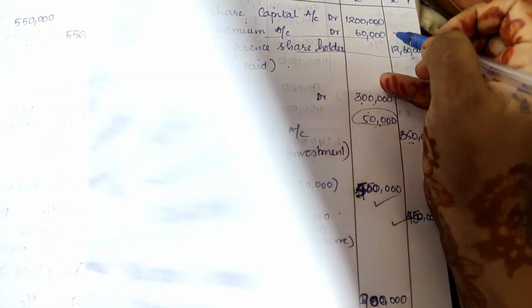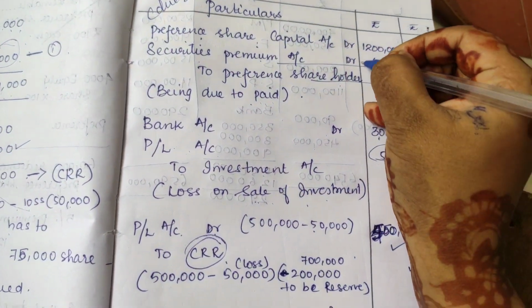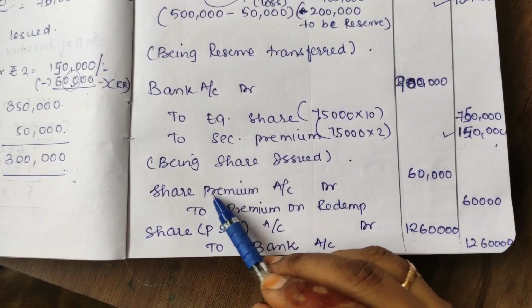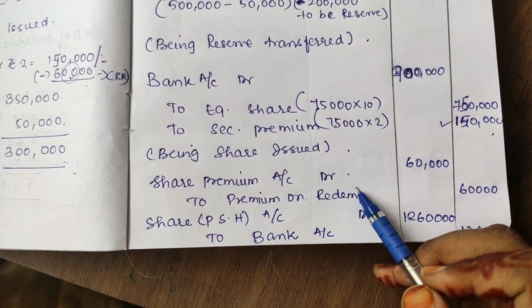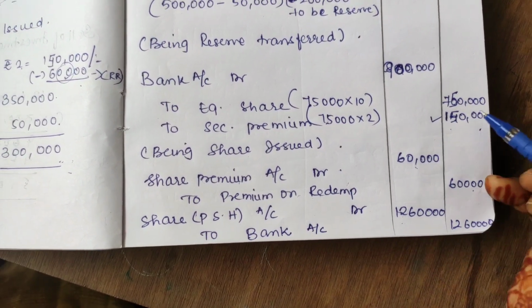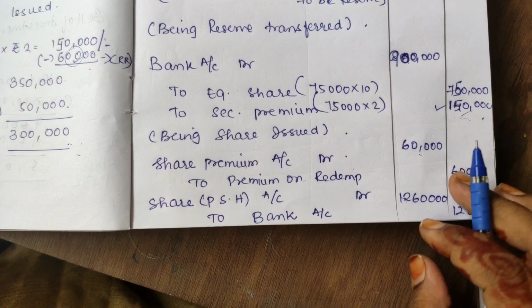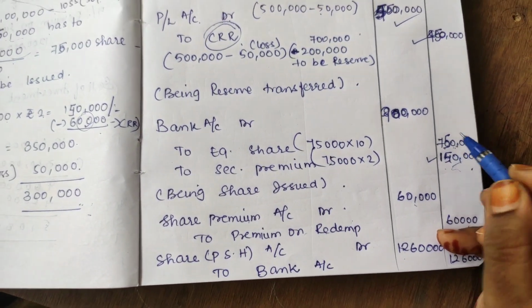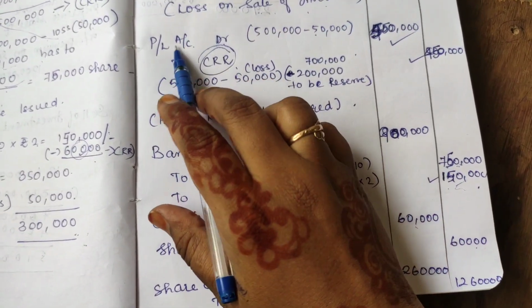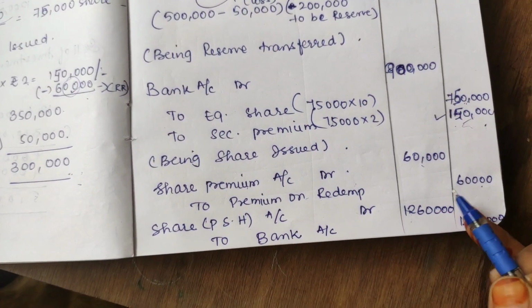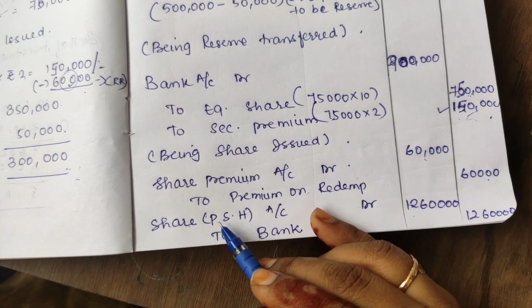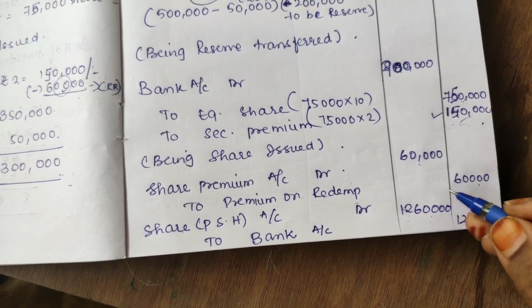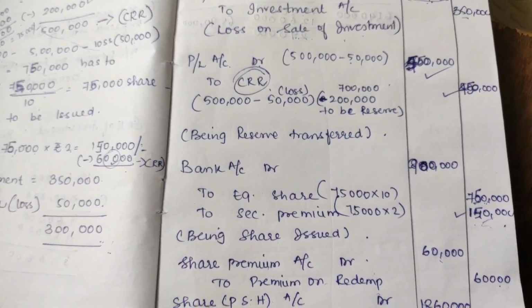Okay, we are going to transfer this to share premium account debit, to premium on redemption account 60,000. So we have sufficient balance now. After this we have 7,50,000 and 4,50,000 from the profit and loss account, so this 12 lakh is also arranged. So preference shareholder account debit to bank account 12,60,000 we have paid.